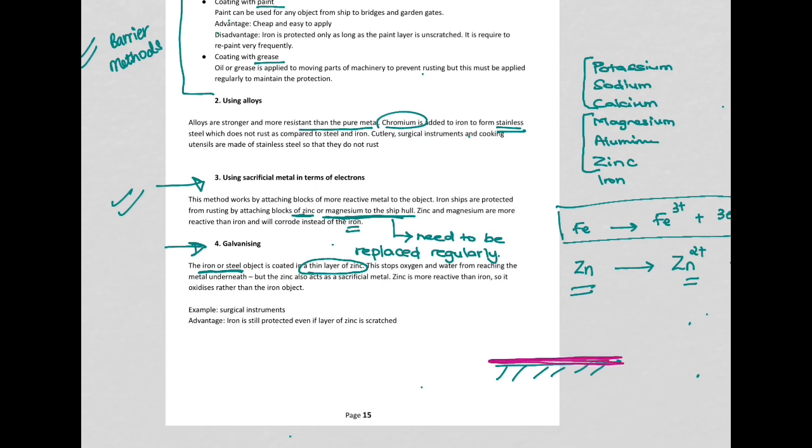This acts as a barrier. Now let's say that for some reason the zinc is scratched. Even if the zinc is scratched and the iron is exposed, sacrificial protection still happens and the iron will not rust. So this is a very good method to prevent rusting.